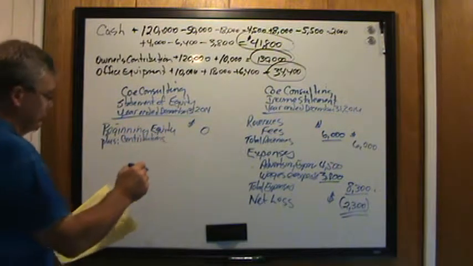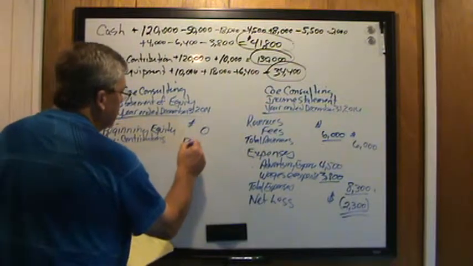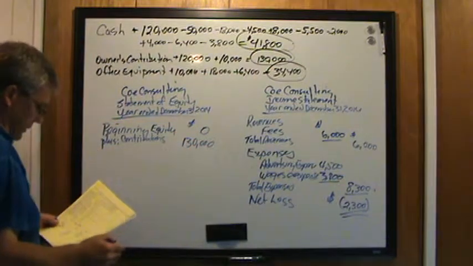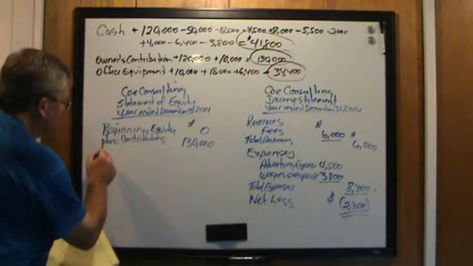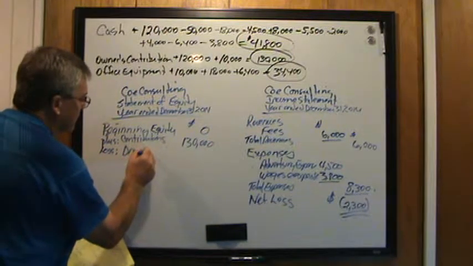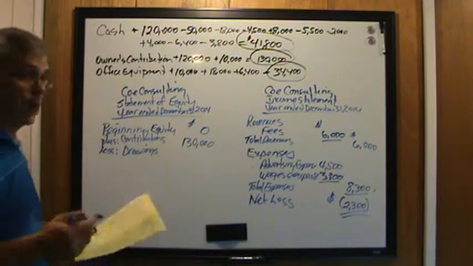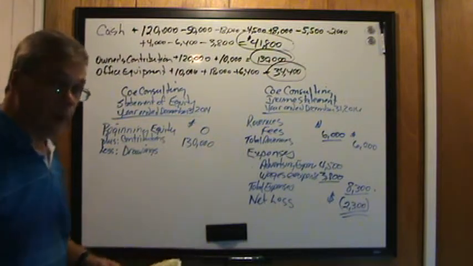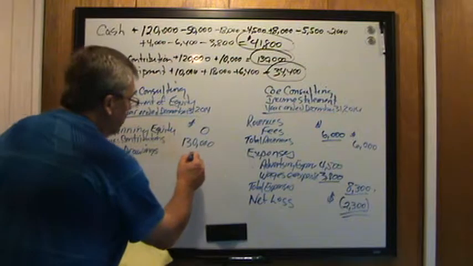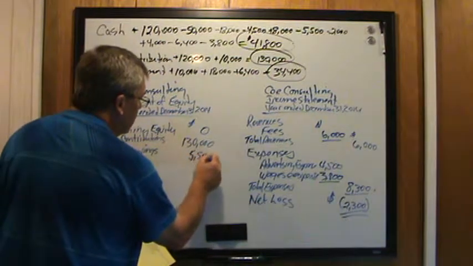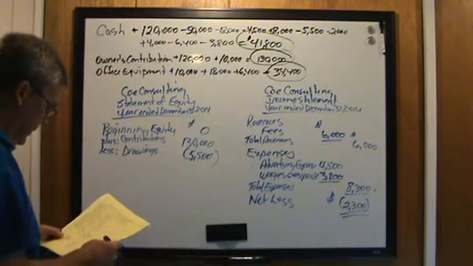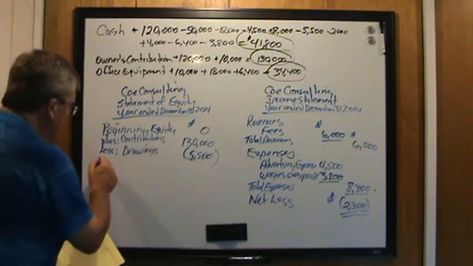Plus contributions were $130,000 right here. We had drawings, so less drawings or withdrawals or owner's drawings, owner's withdrawals, 5,500, and that's subtracted in this column, and plus a net loss.